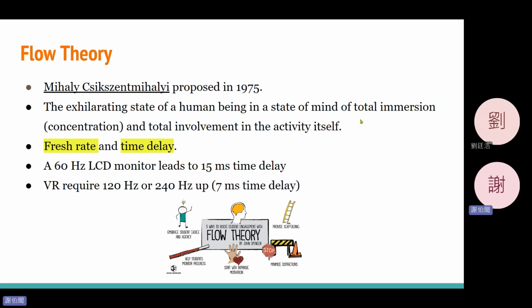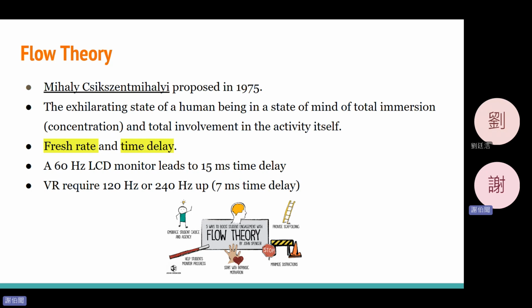Now it's for flow theory. Psychologist Mihaly proposed this theory in 1975. It describes an exhilarating state in which a human being has total immersion and total involvement in the activity. It can also be used on virtual reality.